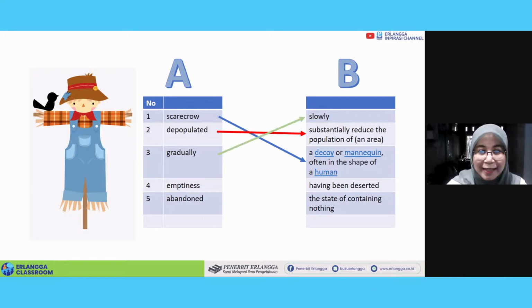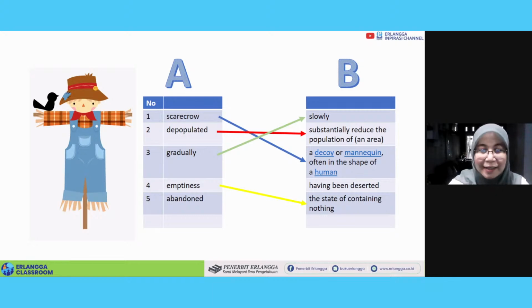Okay, and then we have the words emptiness. Emptiness, empty ya, dari kata empty. Okay, so here we have the words, and the meaning of the words is the state or kondisi ya. The state of containing nothing. Kondisi contain tapi nothing ya, tidak merasa kosong gitu, karena nothing ya, contain nothing.